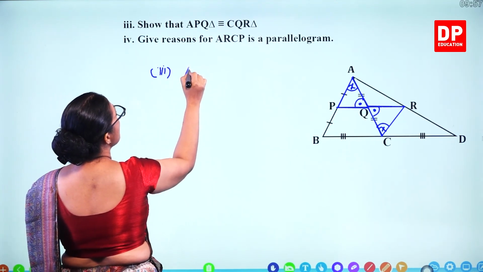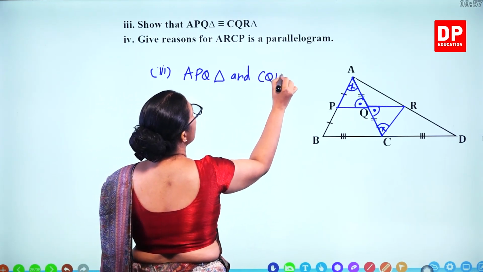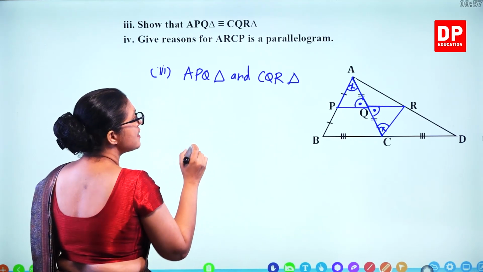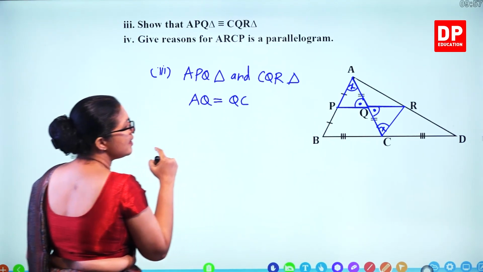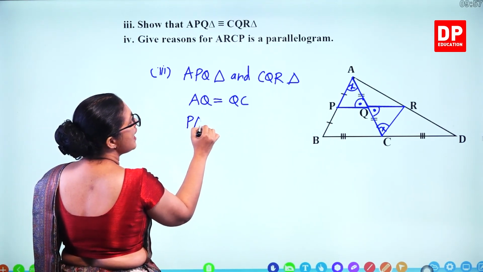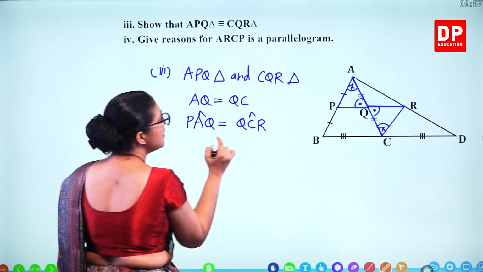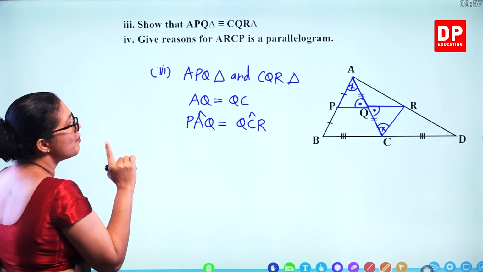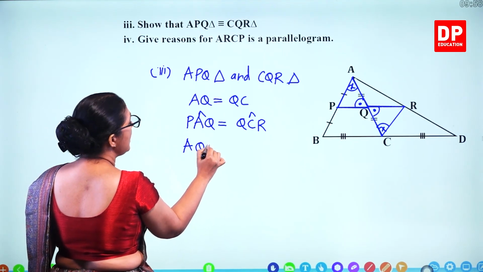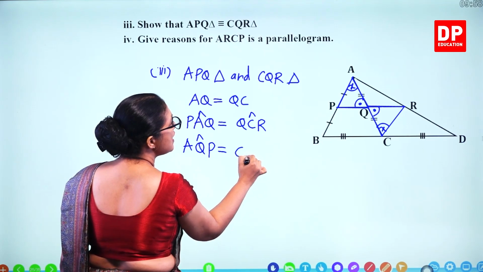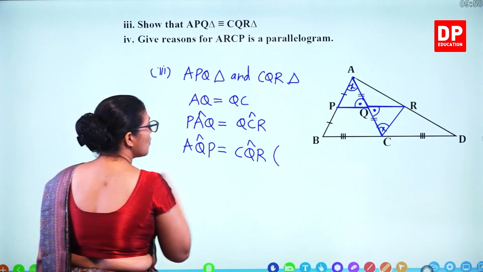So, if you take APQ triangle and CQR triangle, you can say AQ is equal to QC. That's given. PAQ angle is equal to QCR angle. That's proved before. And you can write AQP angle is equal to CQR angle. That's opposite angles are equal.